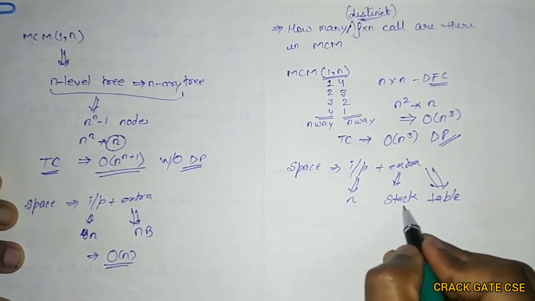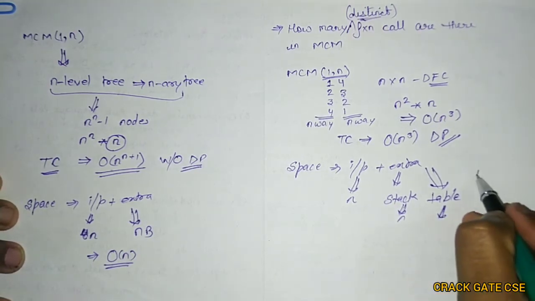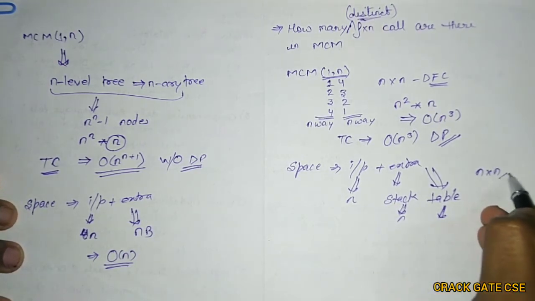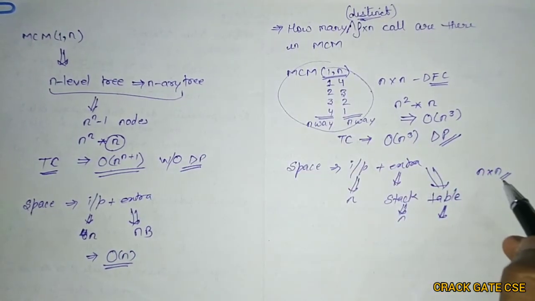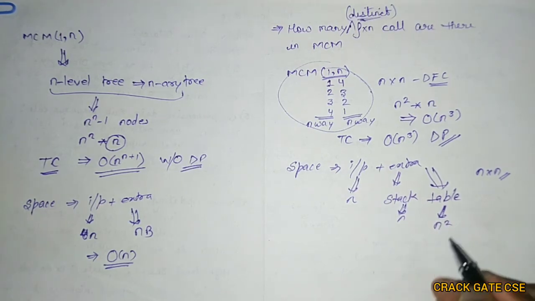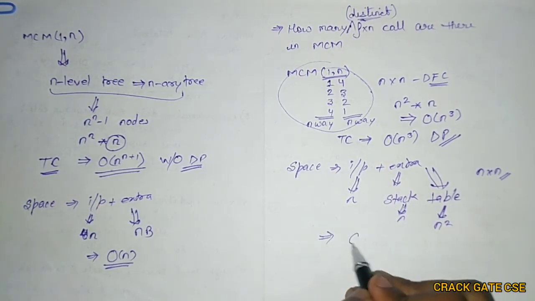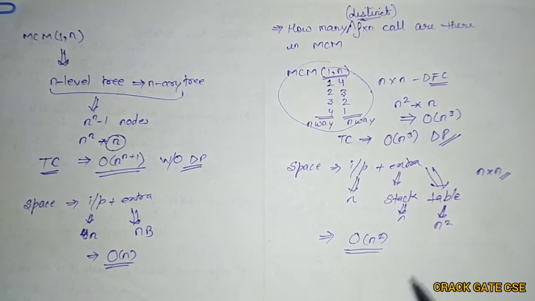So stack will be n because of the n levels, but the table we need to have of n by n size. So if I need the table to be of n square size, that will dominate the space complexity. So we can say that the space complexity is order of n square.